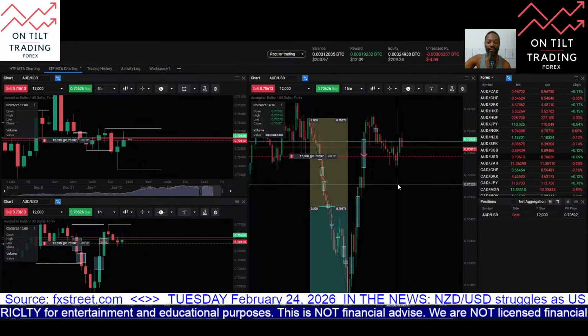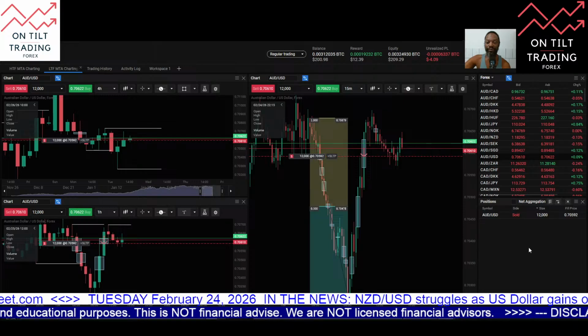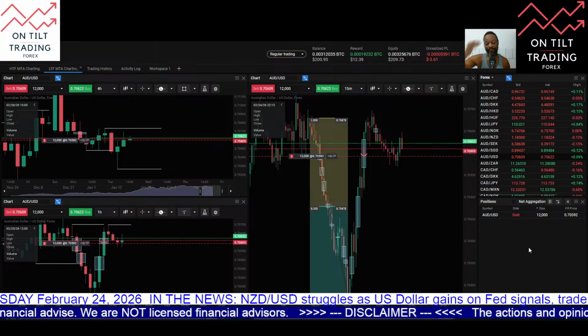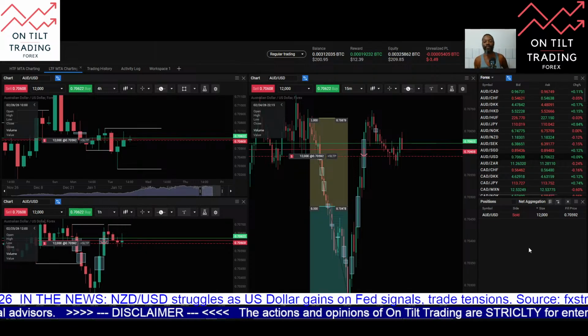Okay, and now price has closed that potential gap, getting further sell side delivery here. See if there's any continuation with this sell side delivery.